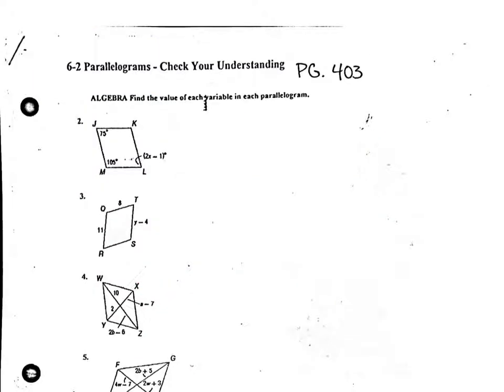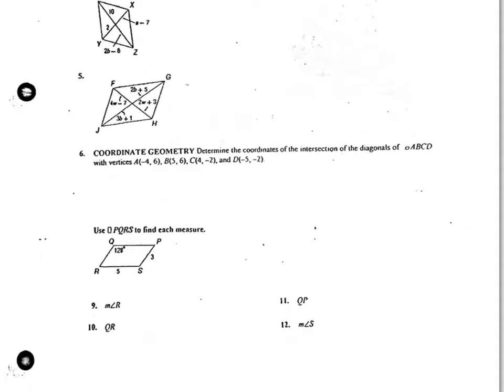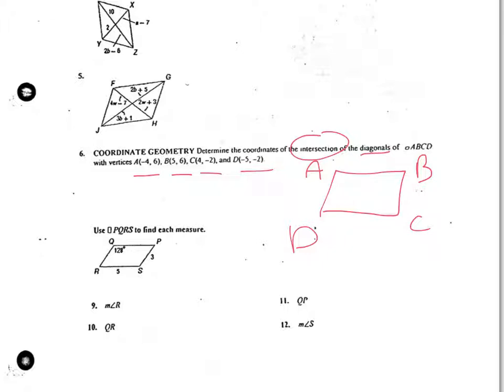Number 6, it says that here we have a parallelogram ABCD with these coordinates. We need to find the intersection of the diagonals. These would be the diagonals. Well, remember, they bisect each other, which means the point of intersection is actually the midpoint of either of those two segments. So let's work with AC.